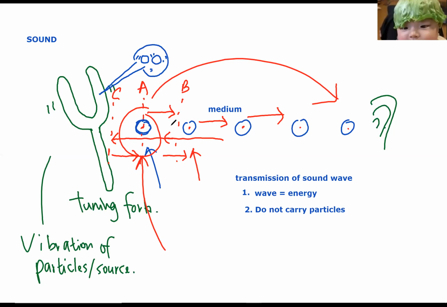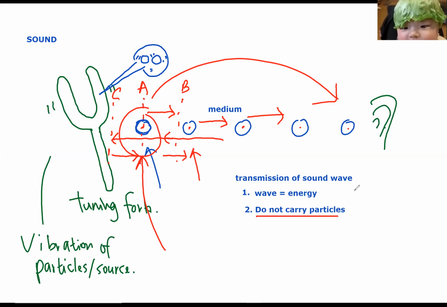It moves to point B, moves back to point C, and then all the way back to its original position. It does not displace, it does not move to the back. It just stays at its original position, meaning that as this wave travels, the particles do not move. They just vibrate at their original position, which is why this means it does not carry particles.